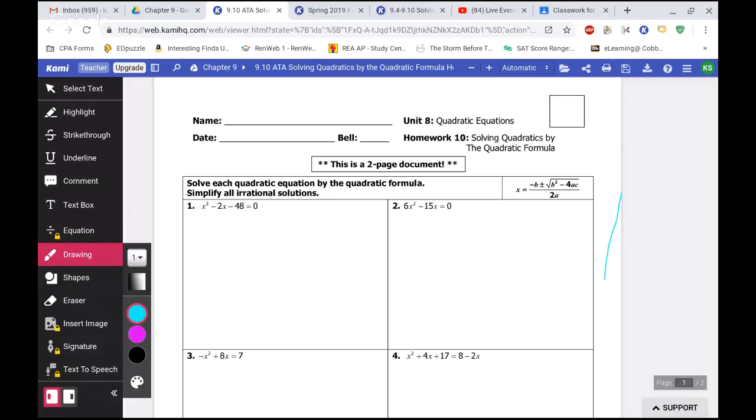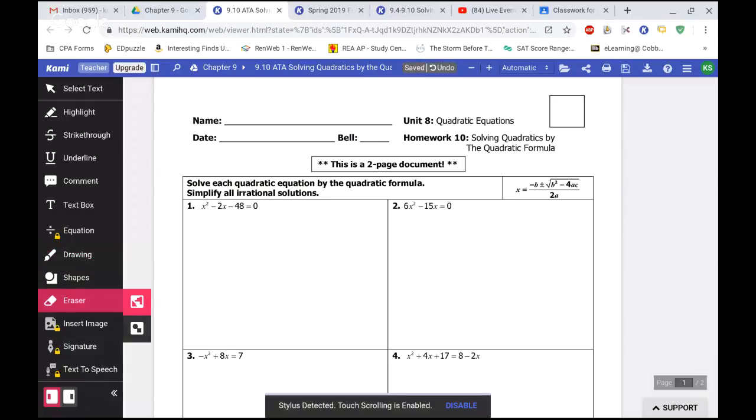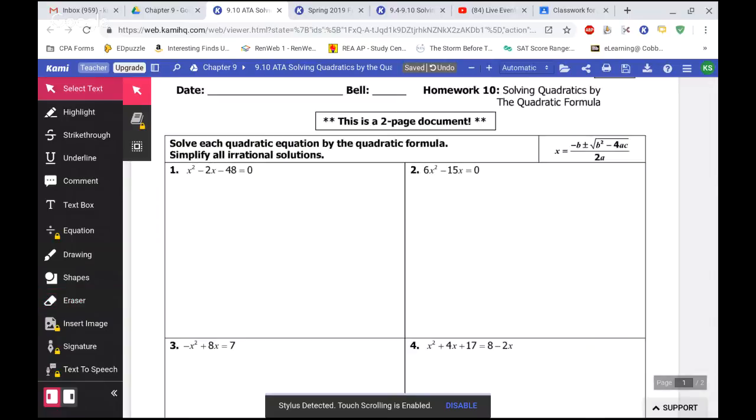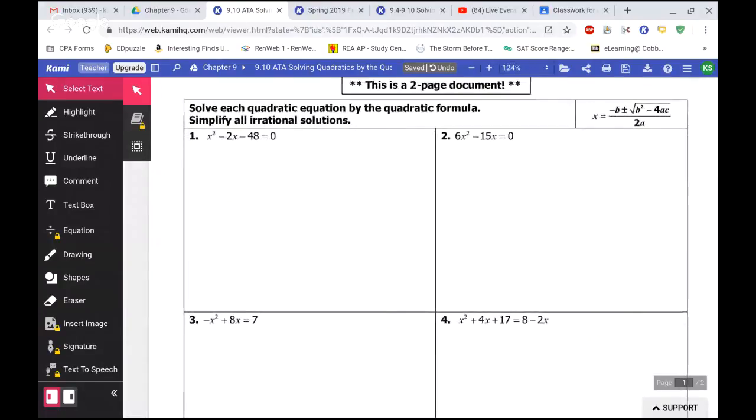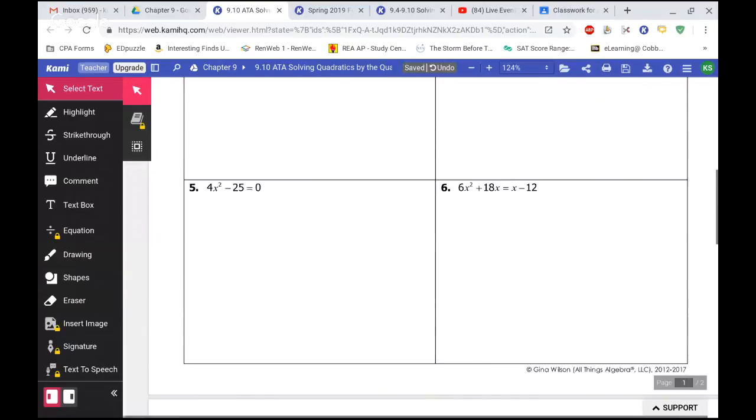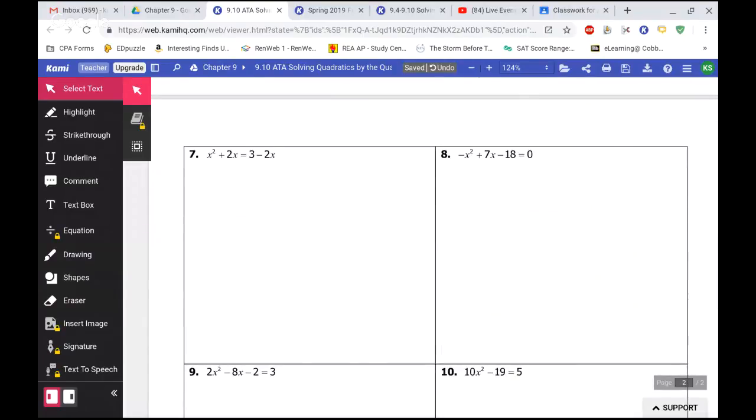So could I do those? Would that be okay with everybody if we worked on some of those? How many of you got it all done? And there's the little quadratic formula right up there on the right. All right, let me do number 7 with you.